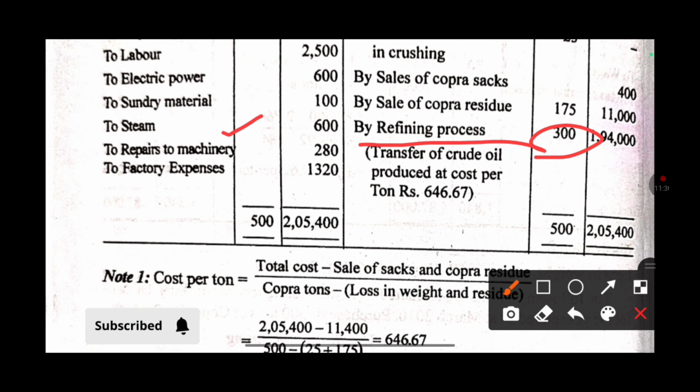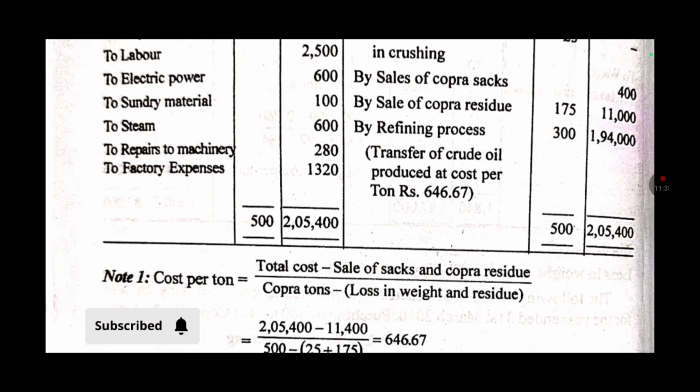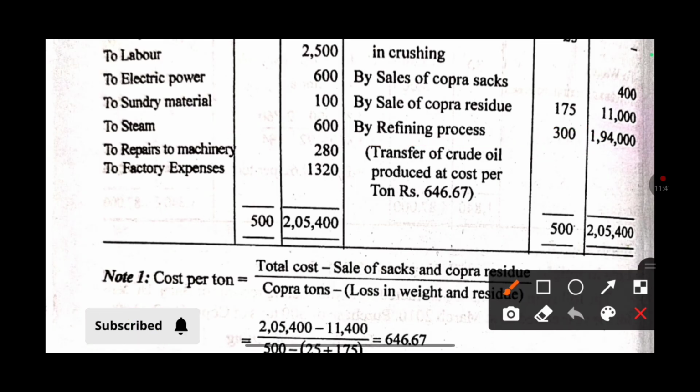At the end of the copra crushing process, you get an output of 300 tons. Whenever you get output, it will be transferred to the next process. What is the next process? The refining process is the next process. So against this 300 tons, you write by refining process account.